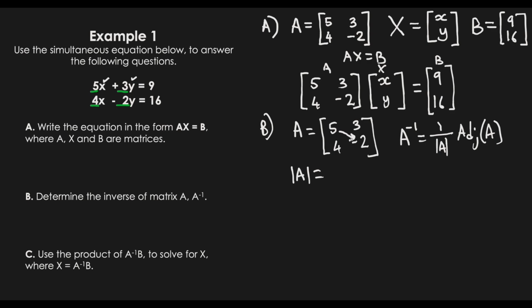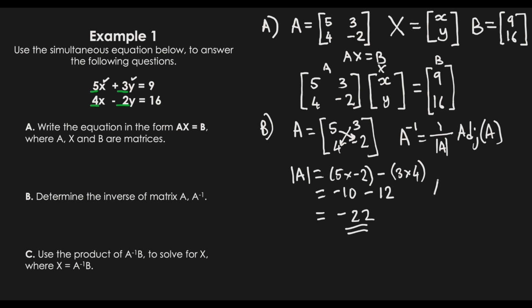So 5 times -2. Notice my brackets, so I'm careful with my signs. Minus 3 times 4. So then in this case, I'll have 5 times -2 is -10. Take away 3 times 4, which is 12. So -10 take away 12 is -22. So my determinant is -22.